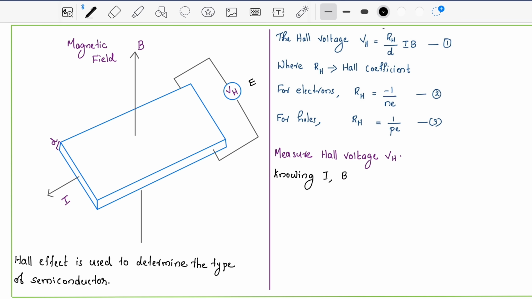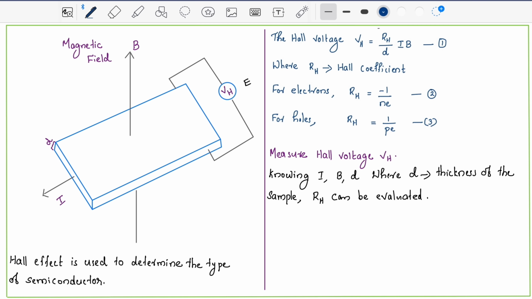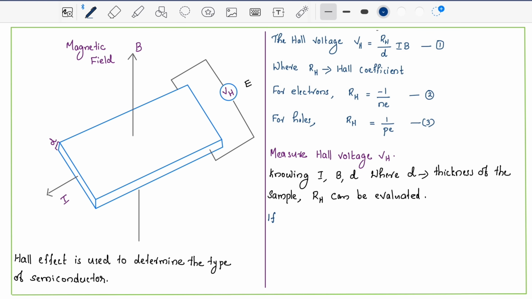Now, if we know the current, the magnetic field and the thickness of the sample, here D is the thickness of the sample, then using equation 1, you can find out the Hall coefficient RH. From the sign of RH, you can determine the type of semiconductor you have.